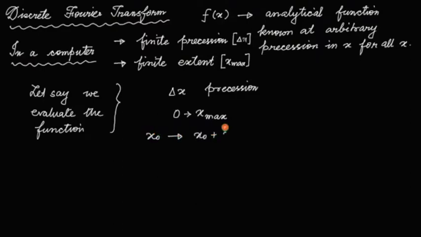And last time we discussed a theorem called the shift theorem, so if I can calculate the Fourier transform between 0 and x max, I can use the shift theorem to know the Fourier transform between x0 and x0 plus x max, right? So this can be folded to this using the shift theorem.